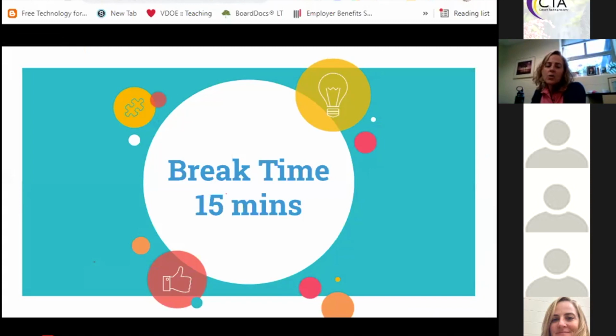Then we're going to come back and you guys are going to build it on your own. So if you need to get any materials or anything like that, you're going to be able to build one on your own when we come back, and I'll walk you through those steps. So would you like to have a shorter break and possibly end sooner, or would you like to just take the full 15 minutes?